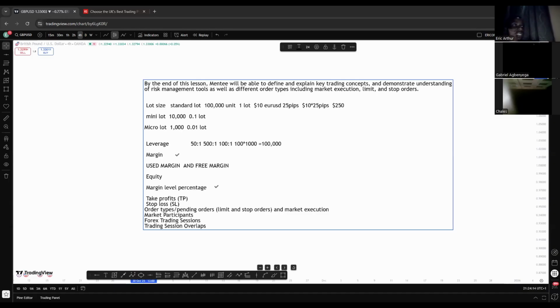If you want to be conservative, you can go for low leverage, because when you go for low leverage, the margin used will be higher. They will request much more money, because you need a high amount of money before you can trade the market. That's why the broker is giving you that leverage. When you multiply that leverage by your amount of money, you get enough money to enter a lot size that you can trade.